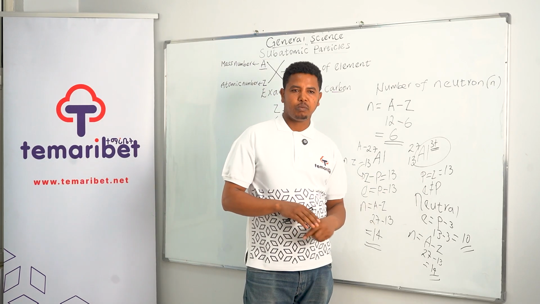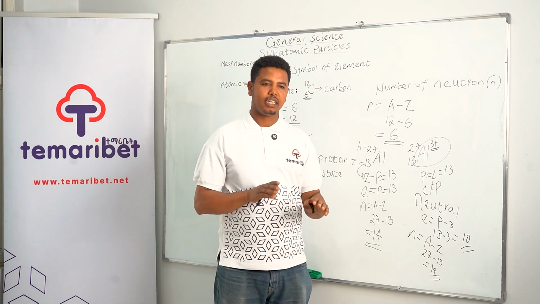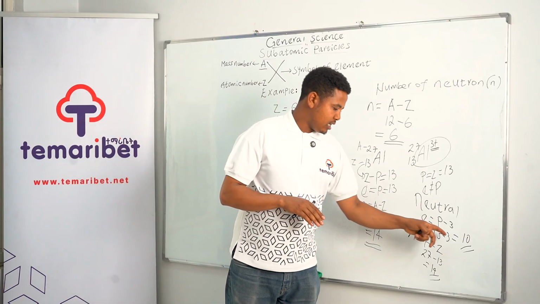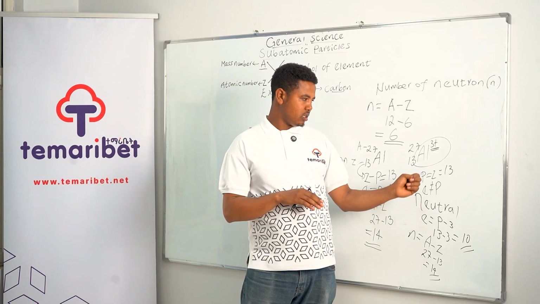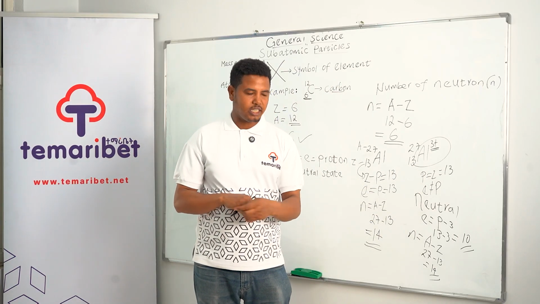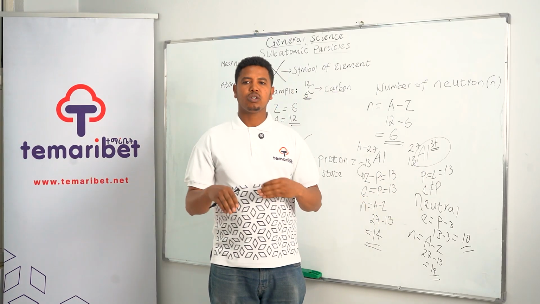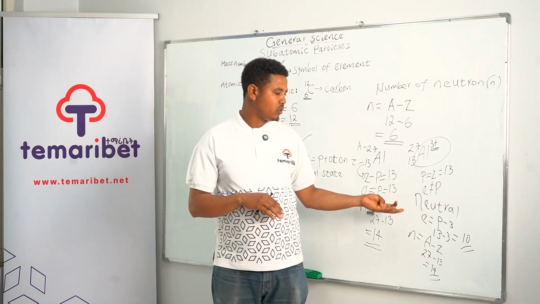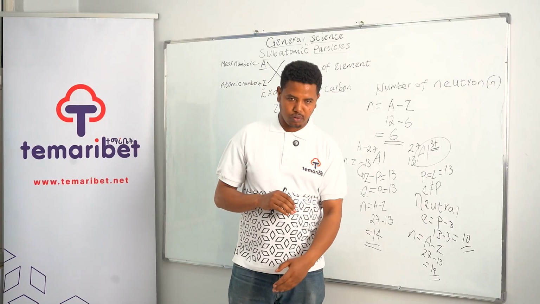The only subatomic particle that is affected when there is a charge, whether positive or negative, is the electron. When it is a positive charge, the electron number will decrease because electrons are negatively charged. When it is negatively charged, the electron number will increase, or be greater than the number of protons.